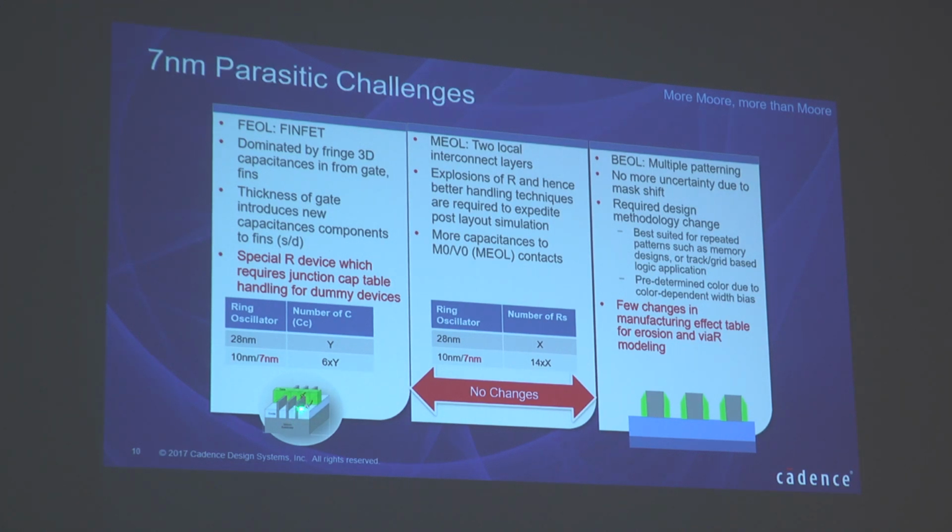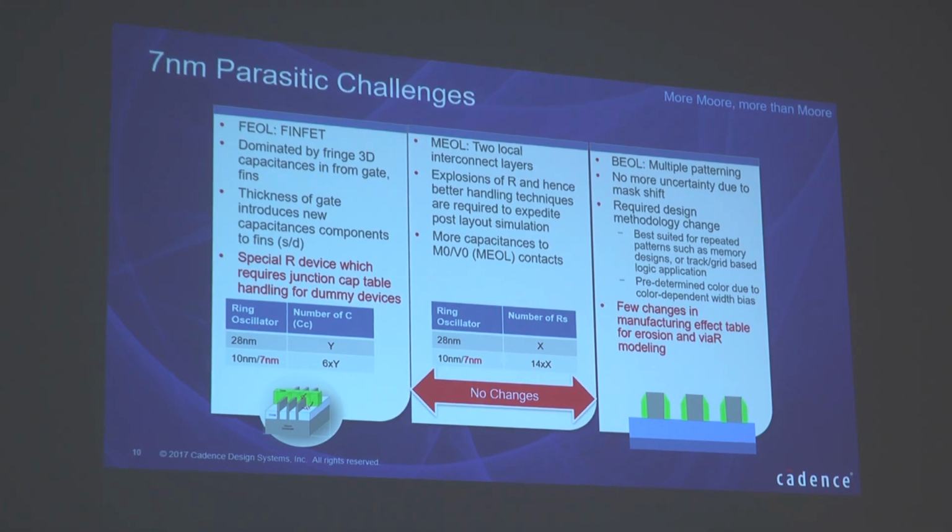So the current is flowing from source to drain via fins. And you can see this is a 3-dimensional structure. So with a 3-dimensional structure, you always have capacity parasitics. So you have capacity parasitics from gate to the fin, then you have capacities from fin to substrate, from gate to substrate. And all these parasitics have to be taken into account for a realistic behavior of the transistor if you want to simulate it.